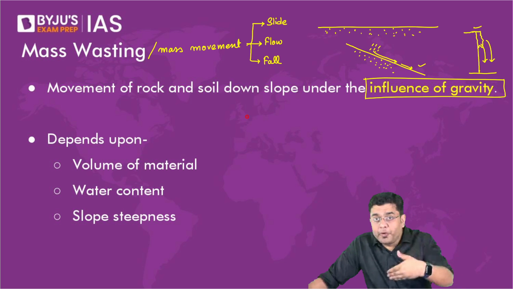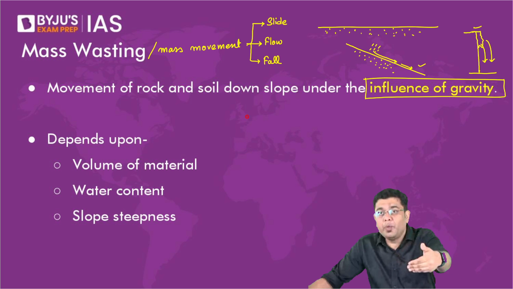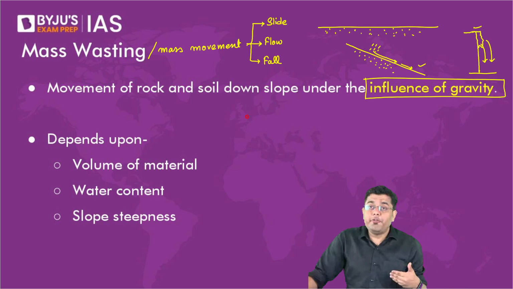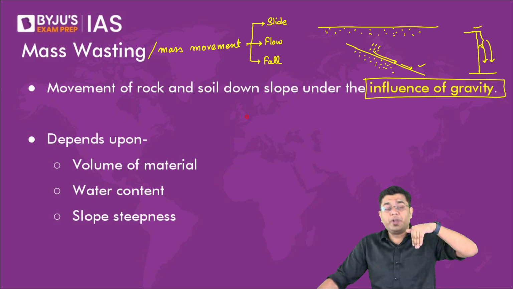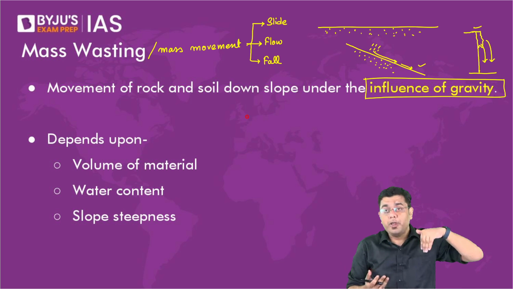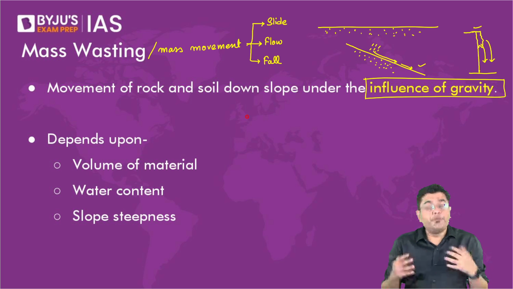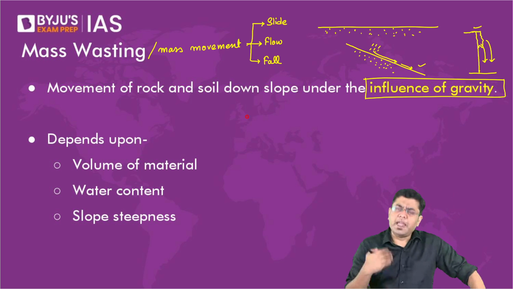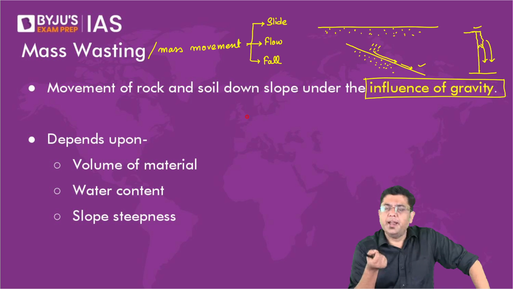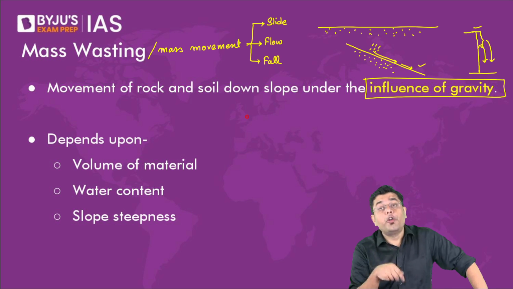Some amount of fluidity, behavior like a liquid. So that will be included in flow. And when we talk about a fall, maybe on top of a mountain cliff, materials start to fall, right? So slide, flow, and fall. That is the major classification. Then under that you have earth slide, mud slide, landslide. Even in flow, you have earth flow, mud flow. Then in fall, you have debris fall, rock fall.